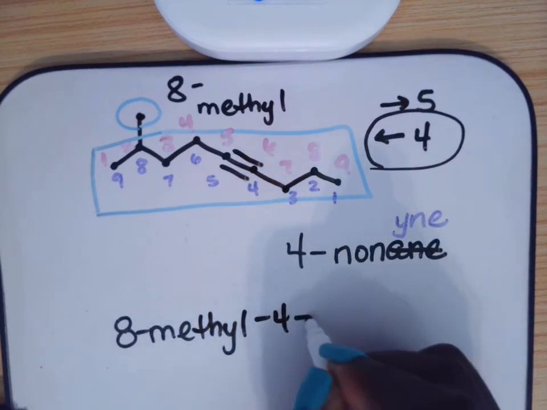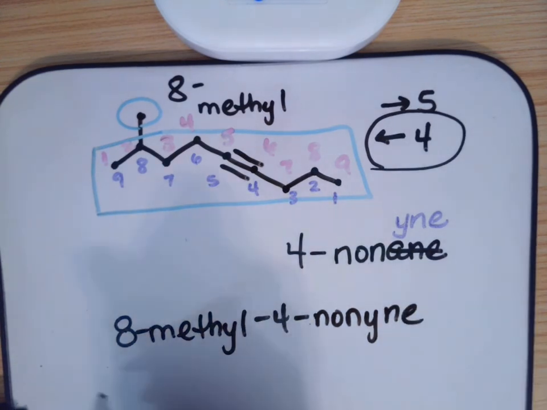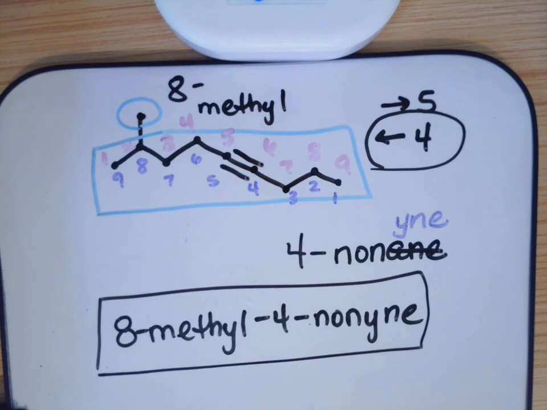We have to separate numbers from letters using dashes. We also have to indicate where our triple bond is located on our parent chain to give us the name 8-methyl-4-nonyne. This indicates that we have a continuous chain of 9 carbon atoms with a triple bond that starts on carbon 4 and a methyl group that is placed on carbon 8.